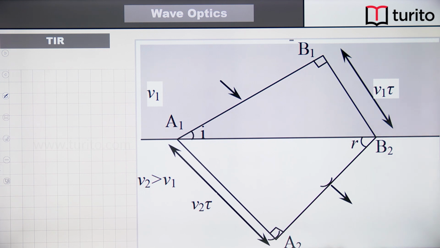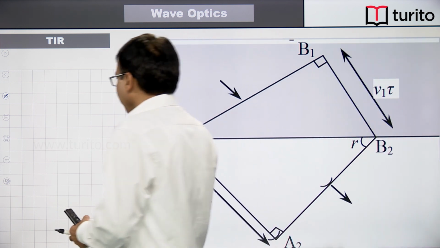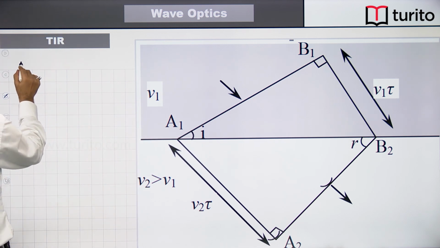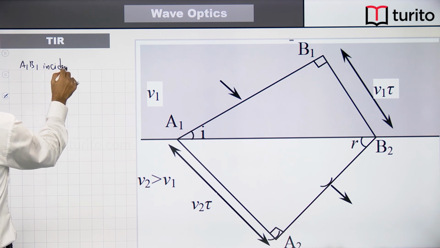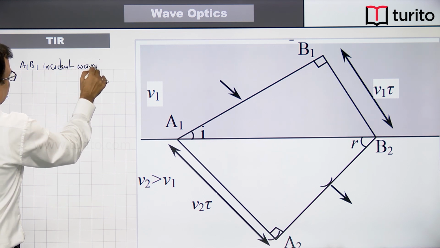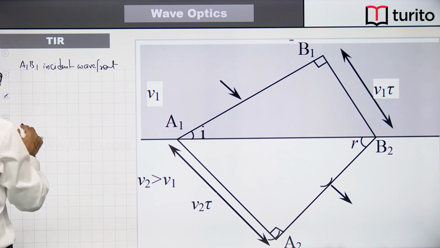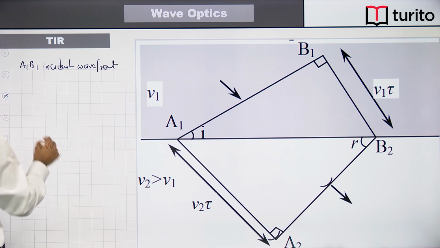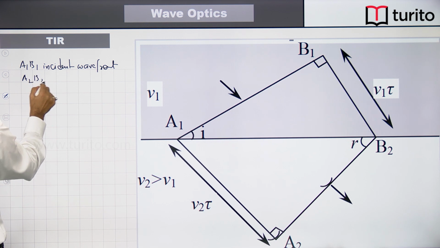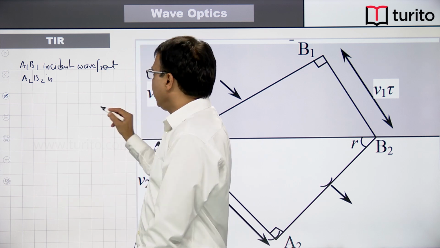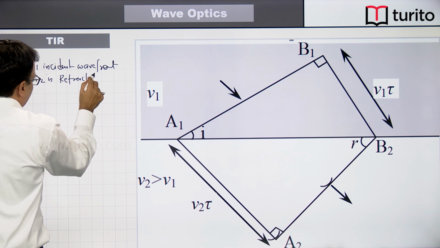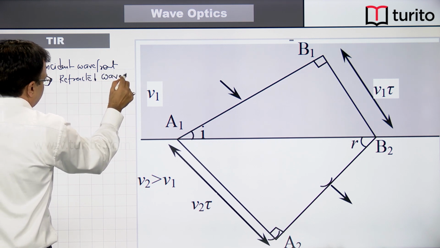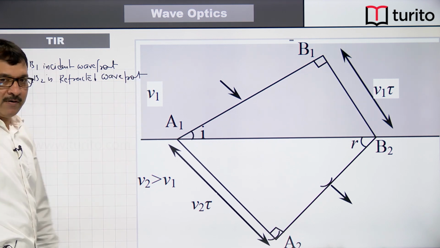A1 B1 is the incident wavefront, and A2 B2 is the refracted wavefront.